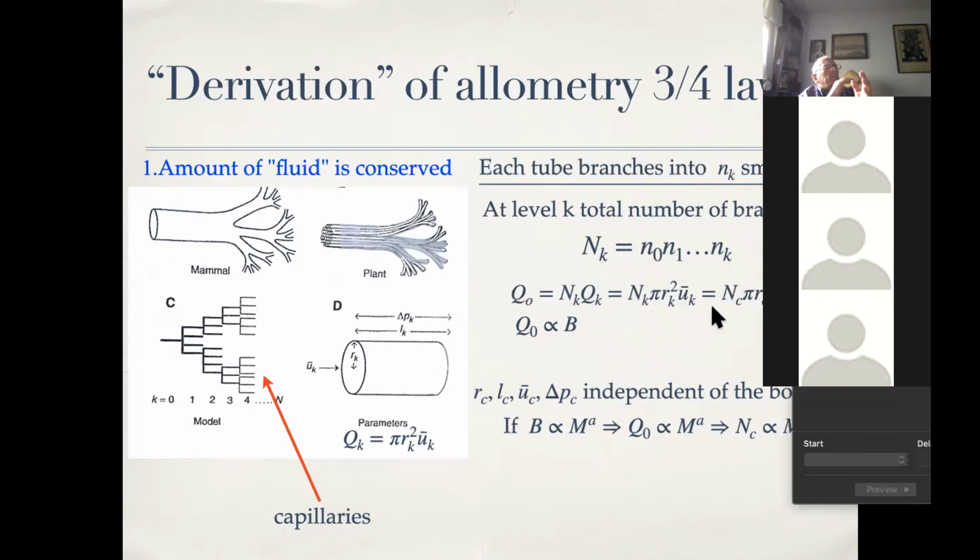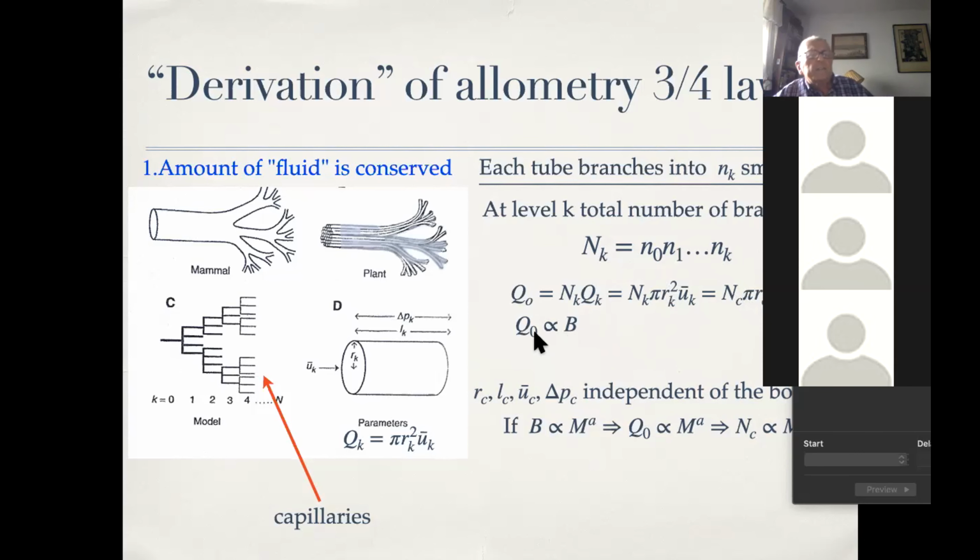So the same goes on and on, and eventually it ends up in a capillary. Tiny capillary veins which supply essentially all the individual regions of our body, and this must be the same. So the same formula holds for the last layer in my network, where the total number of tubes is N_c, from capillary, and this is the area of a capillary times the velocity in the capillary.